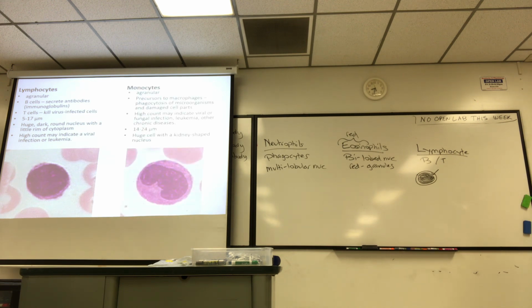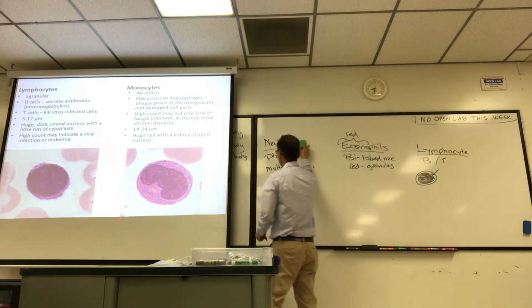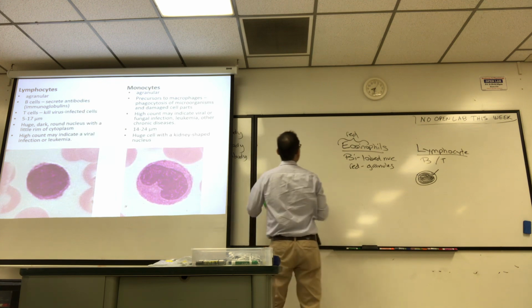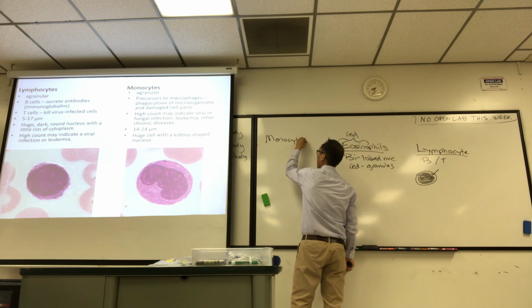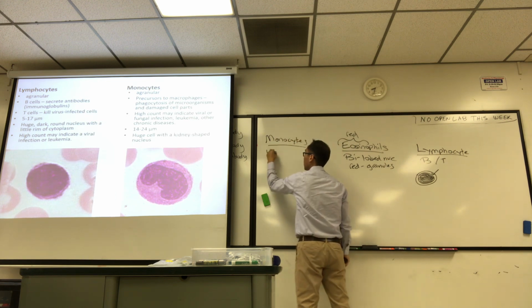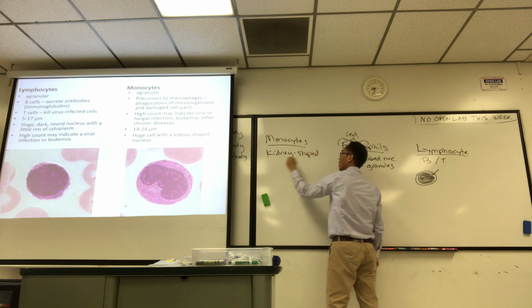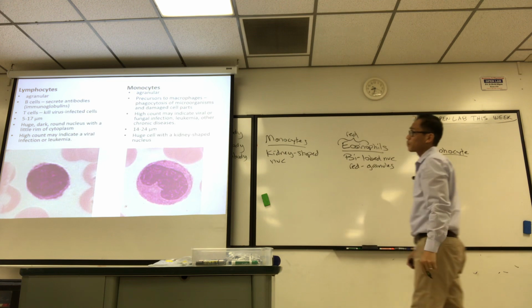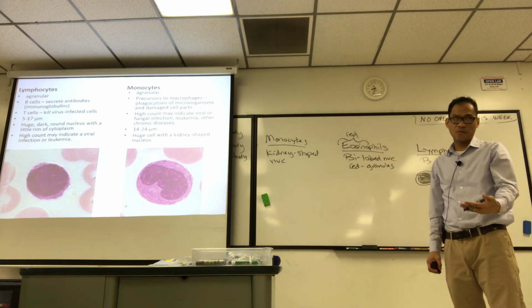In terms of monocytes, you have a kidney-shaped nuke. Their main function is, well, I said it already, they're a precursor to the macrophage.